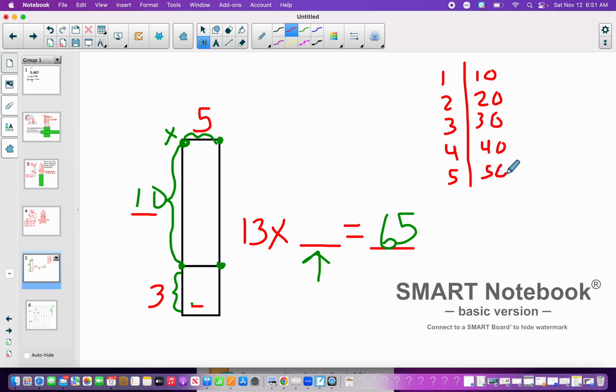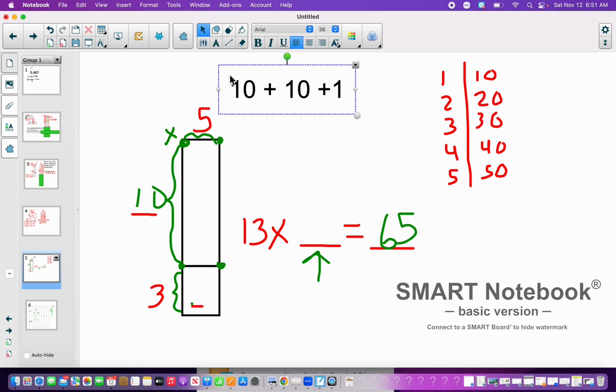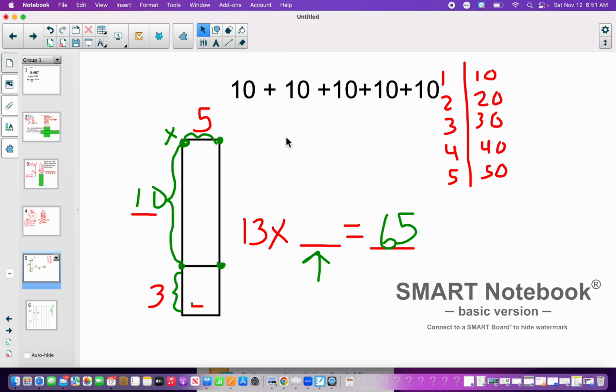And counting by multiples of 10, that's what it looks like. It's also repeated addition. It really is what you're doing here, 10 plus 10 plus 10 plus 10 plus 10. That's what multiplication is. And the answer here is 50.